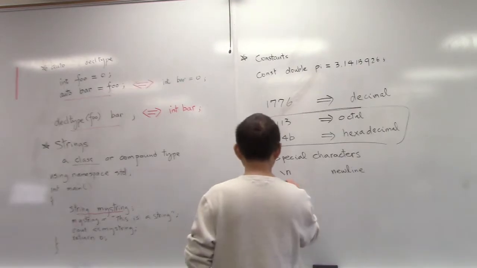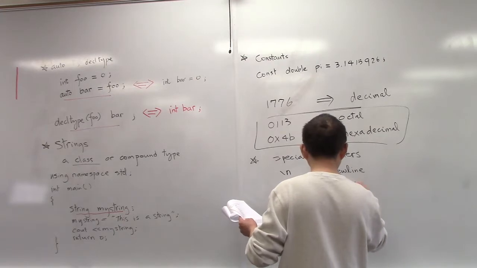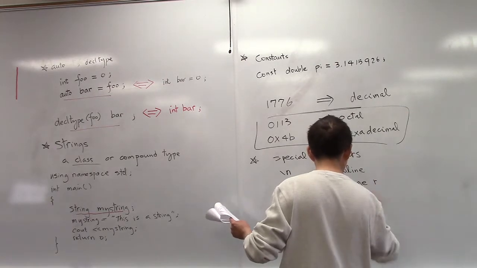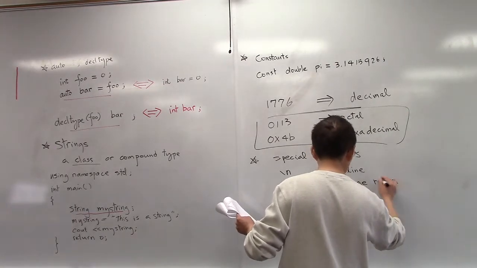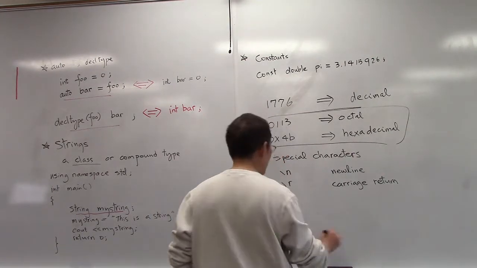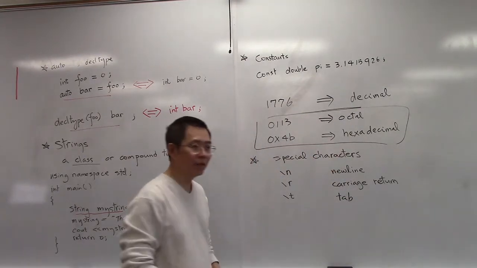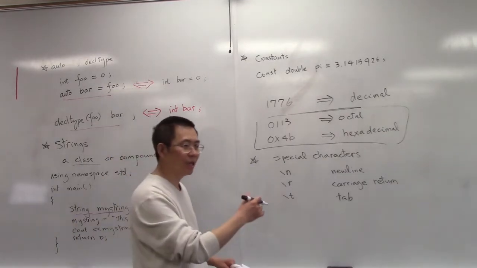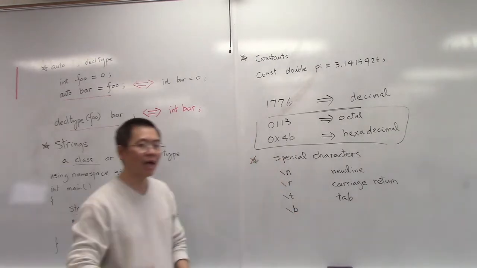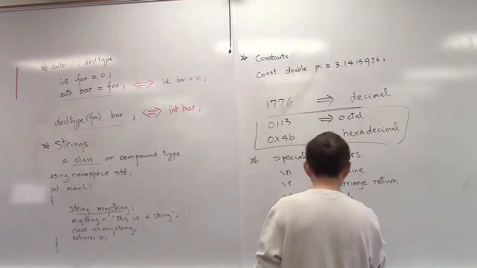All right, and then \r, that means a carriage return. Another useful one is \t, that means one tab space. You can also write a backslash and then b. That means backspace, delete one character.